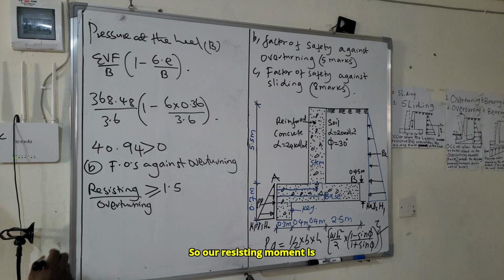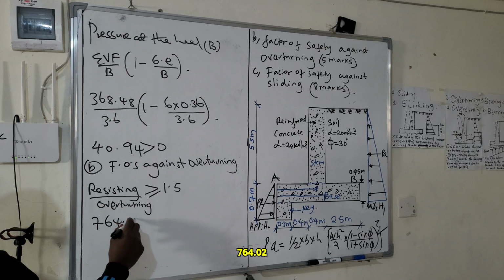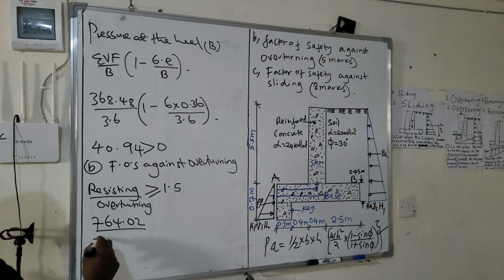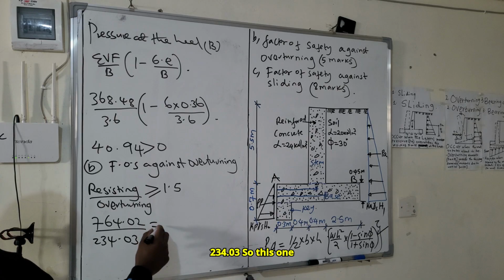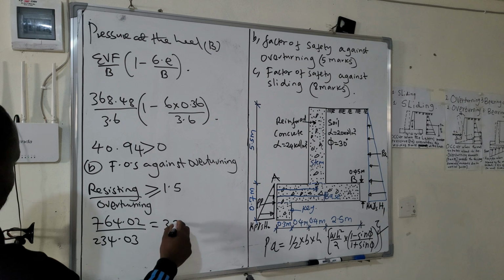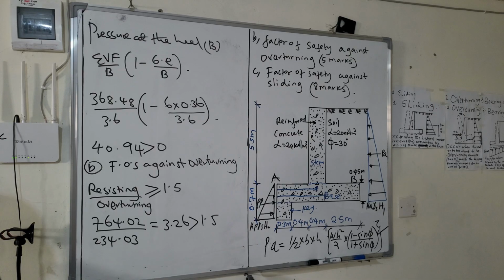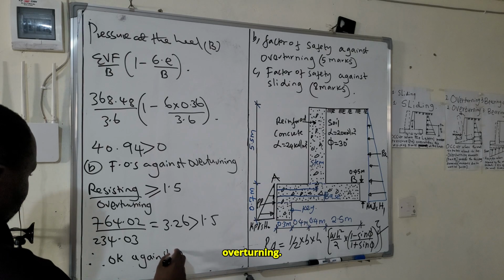So our resisting moment is 764.02 all over our overturning moment, 234.03. So this one is equal to 3.26, which is greater than 1.5. Therefore, okay against overturning.